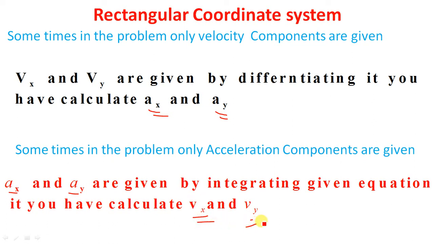Again, if we integrate Vx and Vy, it will give the x and y. That is, we have to follow the reverse procedure. If acceleration is given, to find out the velocity we have to integrate. If velocity is given and we want to find out acceleration, we have to differentiate. Okay, now velocity is given, to find out the position we have to again integrate that equation of velocity.